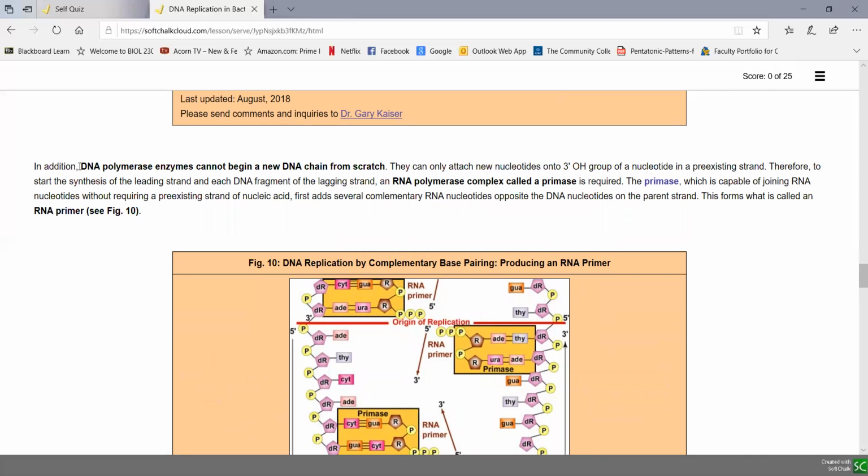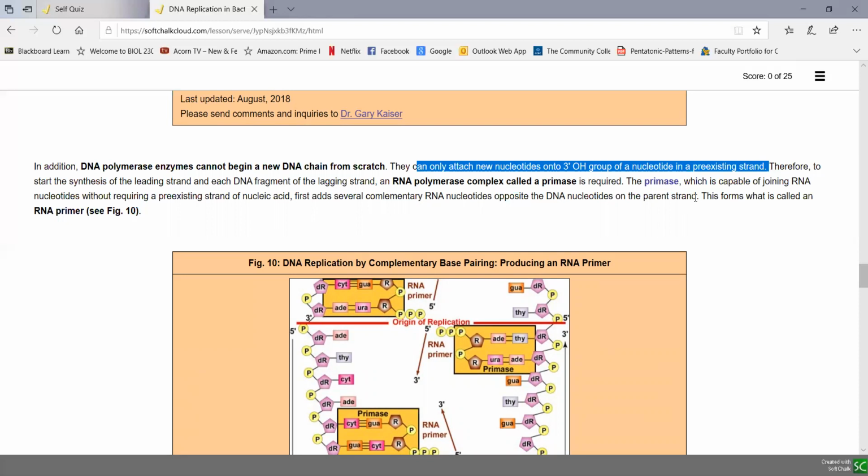DNA polymerase cannot begin a new DNA chain from scratch. DNA polymerase can only attach new nucleotides onto a 3' hydroxyl group of a nucleotide already in the strand. But at the beginning of the replication fork, there is no DNA nucleotide in the strand at that point.